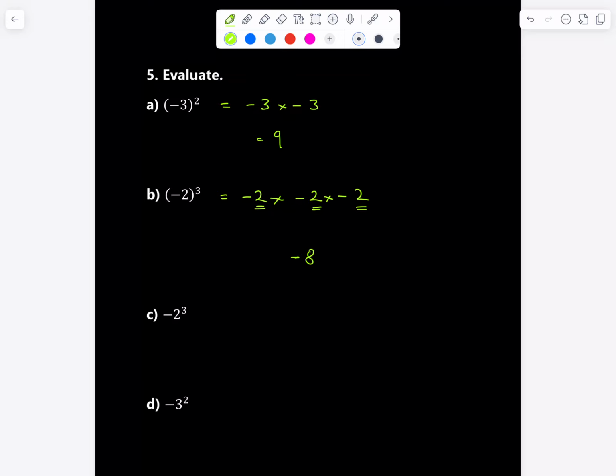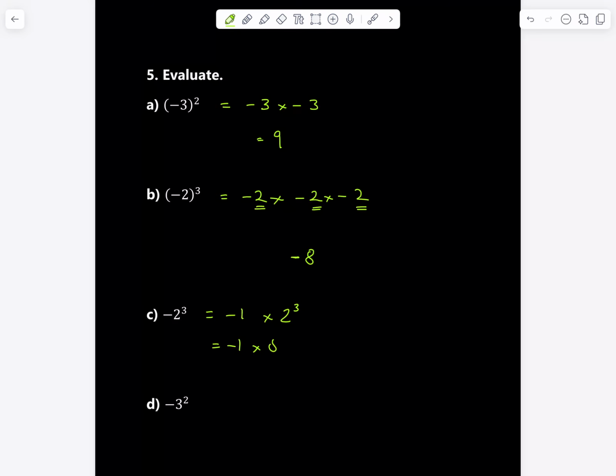So it's really important you recognize the sign. A little hack is if you've got brackets and you've got an even number up here, it will always give you a positive answer. If you've got brackets and you've got an odd number, it will give you a negative answer. Okay, how about if we don't have the brackets? If I've got -2 cubed, what this is actually saying is you've got negative 1 multiplied by 2 cubed.